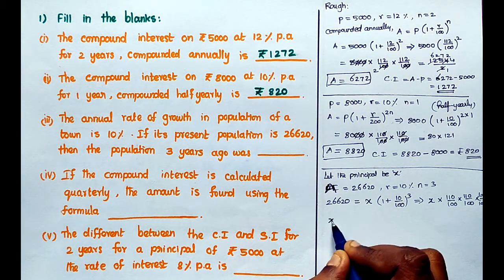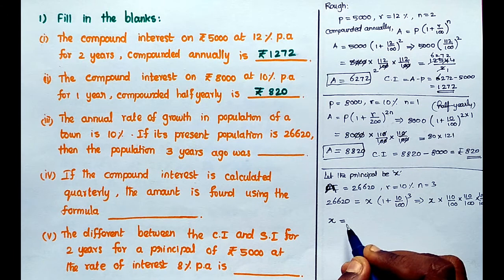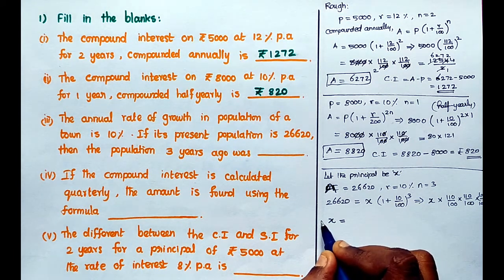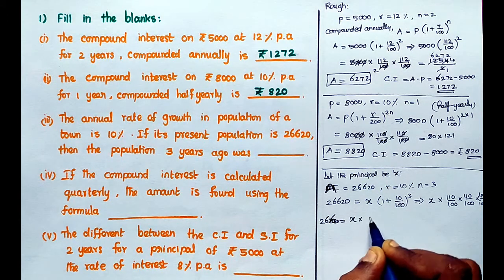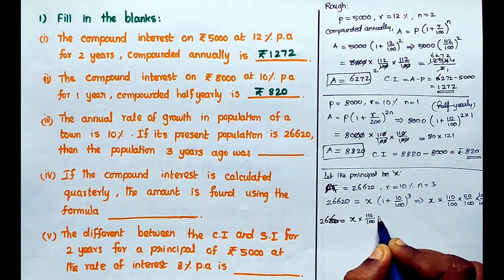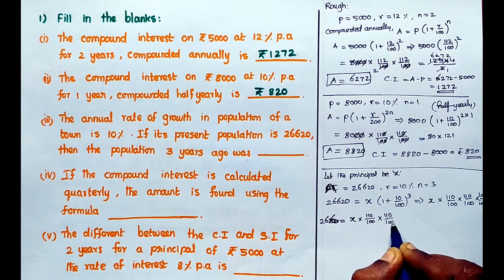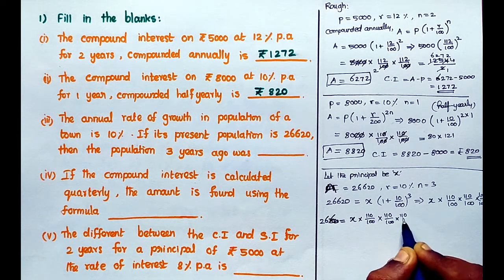Now x equal to, 26,620 equal to x into 110 by 100 into 110 by 100 into 110 by 100.